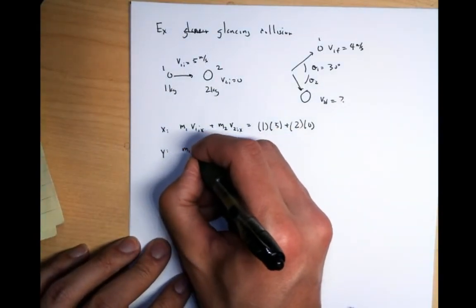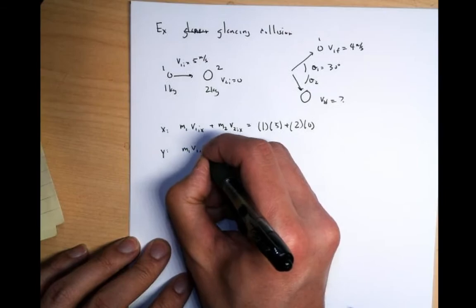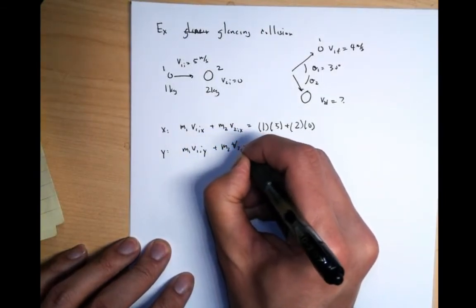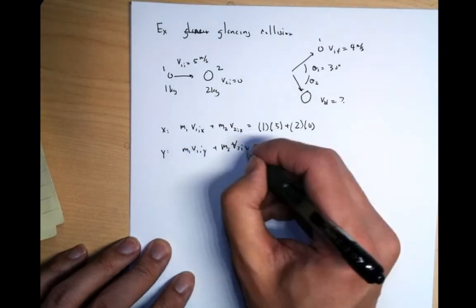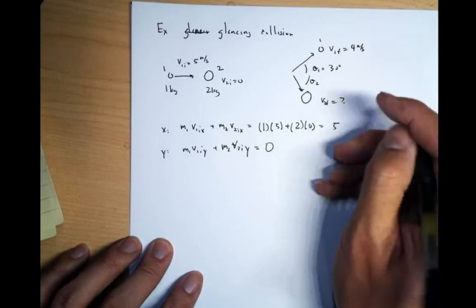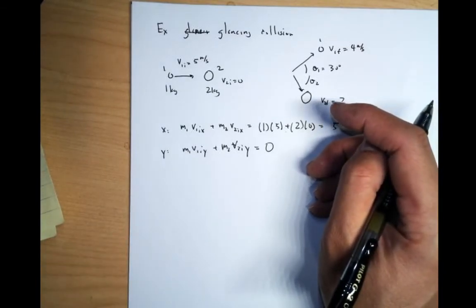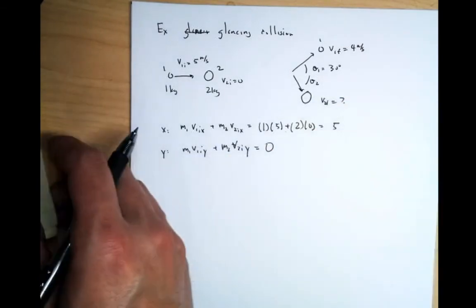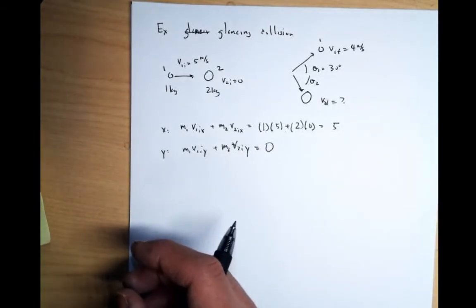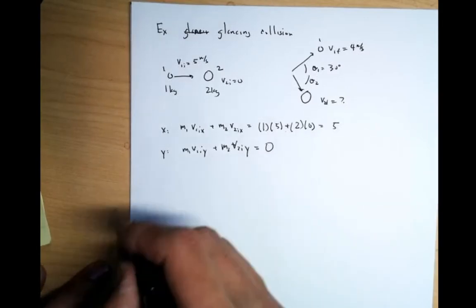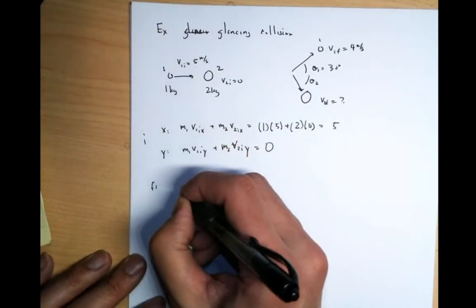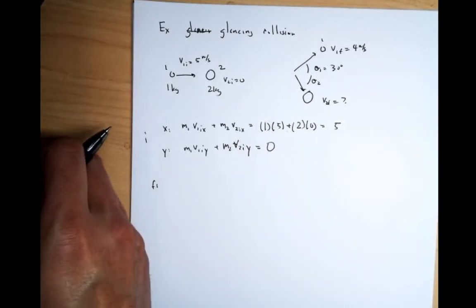This is m1 v1iy plus m2 v2iy. Both of these are 0, so that's going to be 0 already. And you can do the multiplication. This is 5 essentially. All right. Okay, so given that that is in fact the case, let's look at the final state. So that's the initial state. Final state.